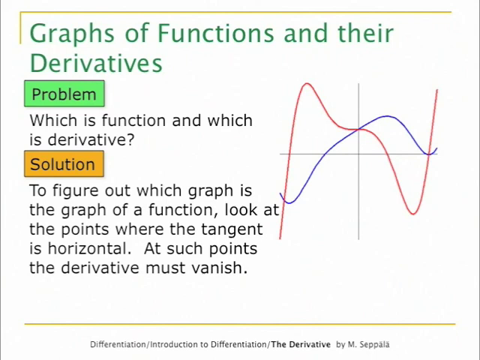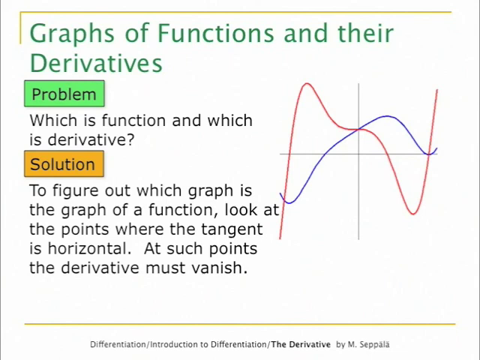Now, the red curve has a horizontal tangent at the maximum point and at the minimum point shown in this picture, and at those points the blue curve doesn't seem to take the value 0.